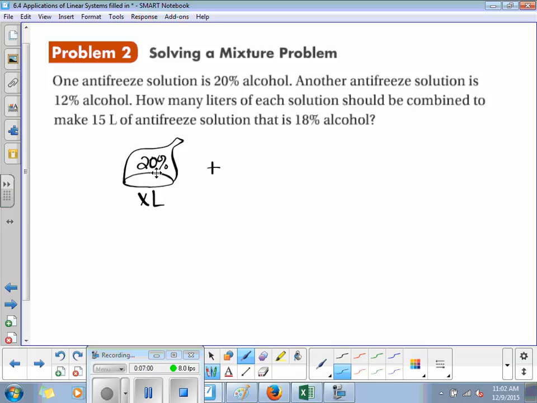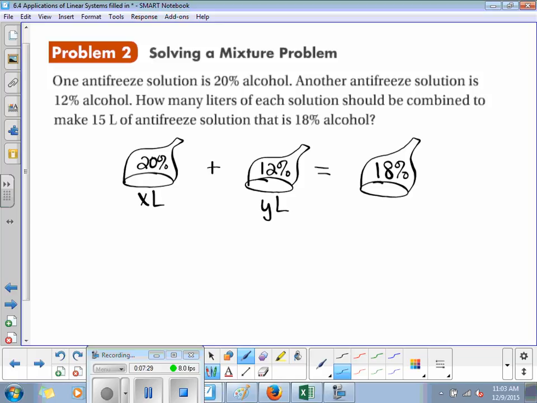We want to add to that the solution that is a 12% alcohol solution. So this is 12%, and that will be our Y liters. Okay, so we're going to add X plus Y, right? And when we add them together, we want to end up with a solution that is 18% alcohol, and we want to also end up with 15 liters. Is everybody clear with that?